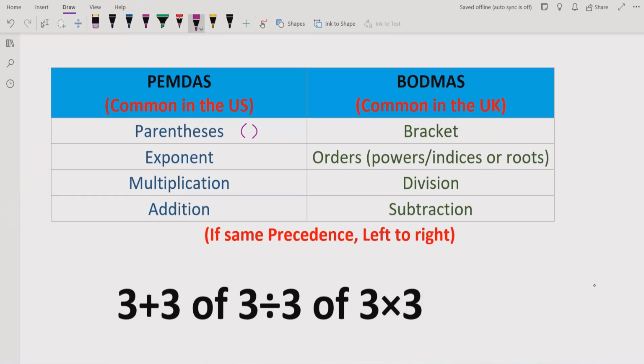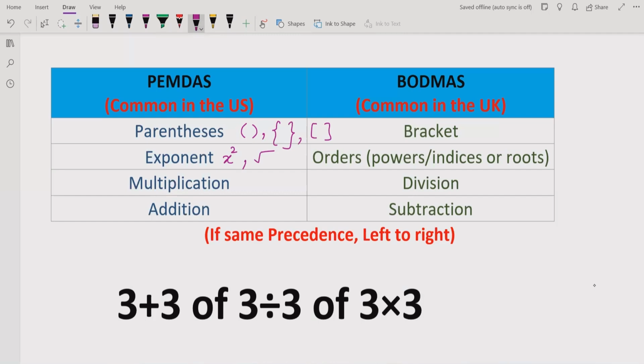So we have the round bracket, curly bracket, and square bracket in this term. After that, we have the E for exponent and O for order. It means you can have any power on any variable, like x raised to power 2, 3, 4, and so on, or any root of a number.